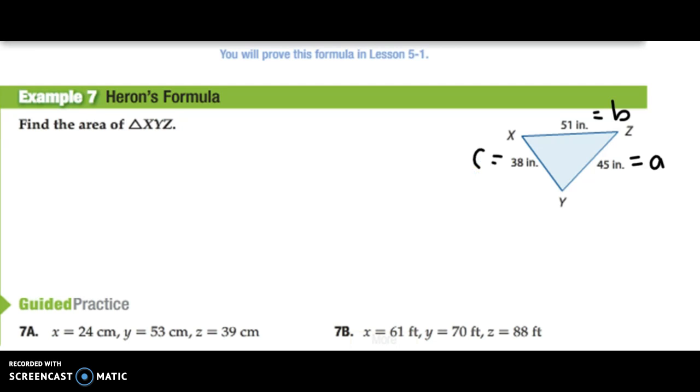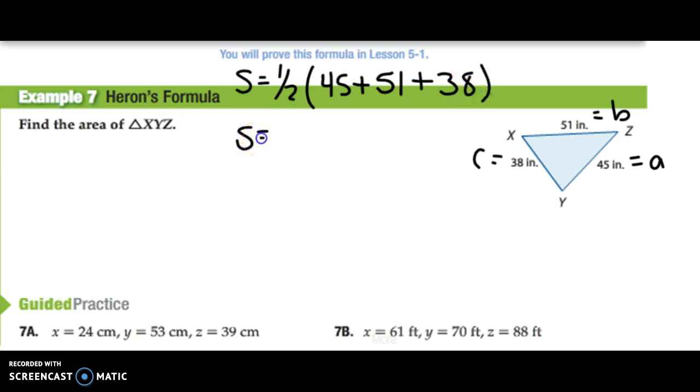It doesn't really change the problem or the answer at all. So first we have to find S. Remember, S is 1/2 times A plus B plus C. So A is 45, B is 51, and C is 38. I just put that in my calculator, and I find out that S is 67. Nice even number. That's nice.